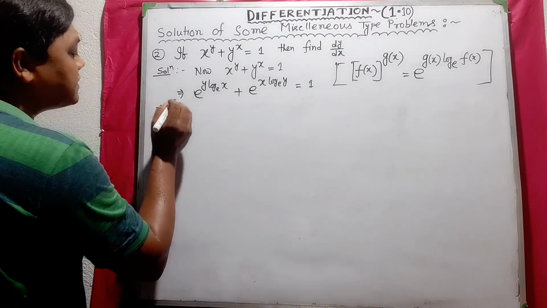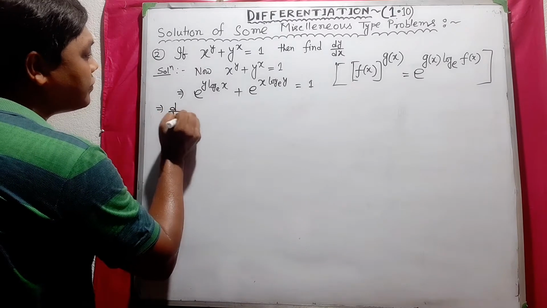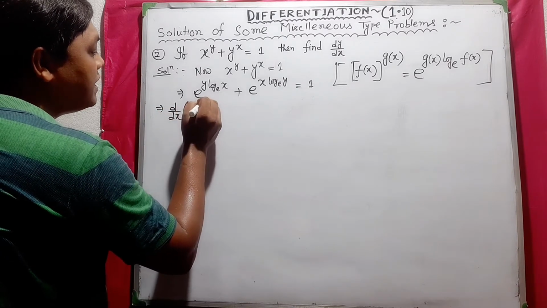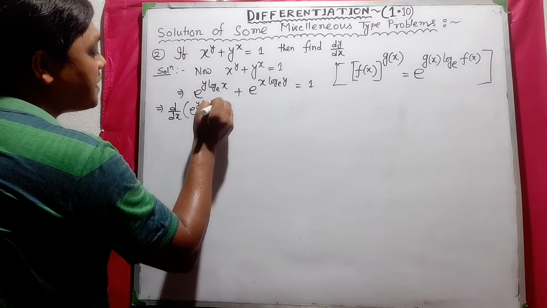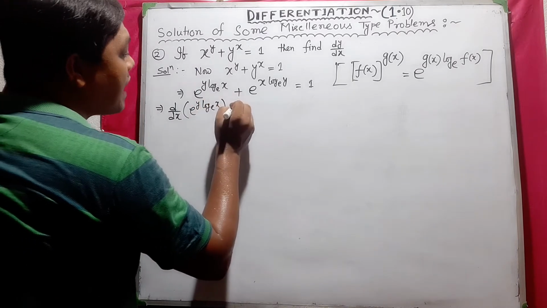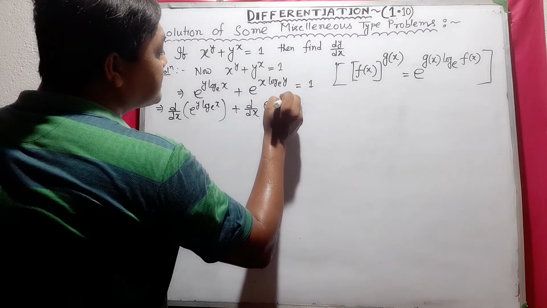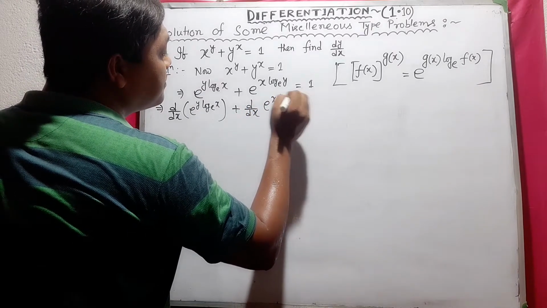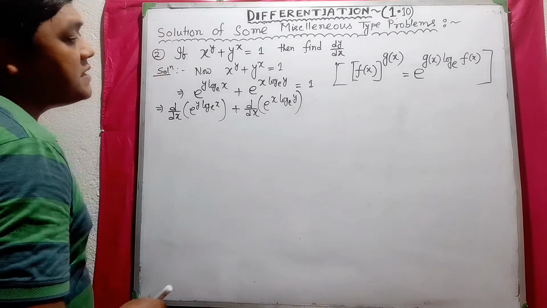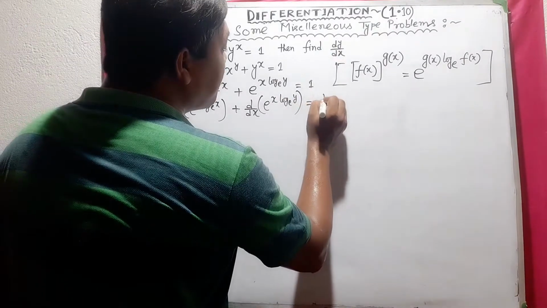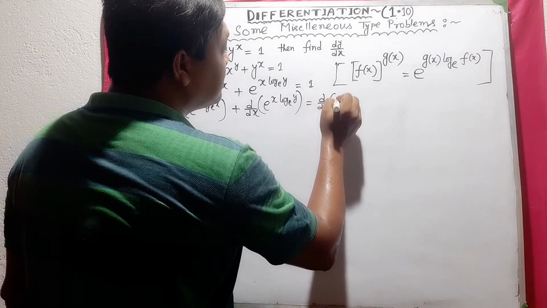So now differentiate with respect to x. So d/dx of e to the power y log x base e plus d/dx of e to the power x log y base e equals d/dx of 1.